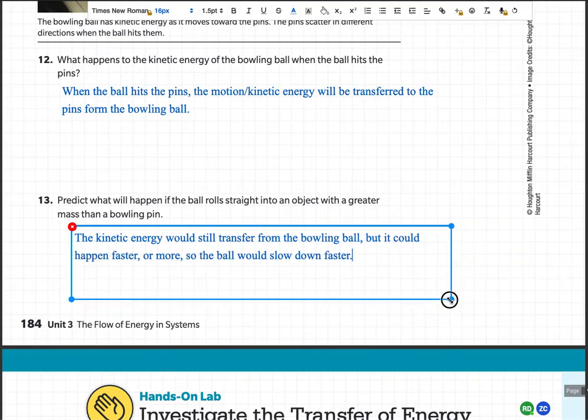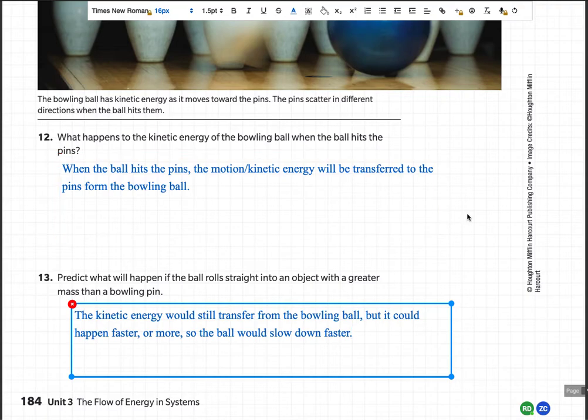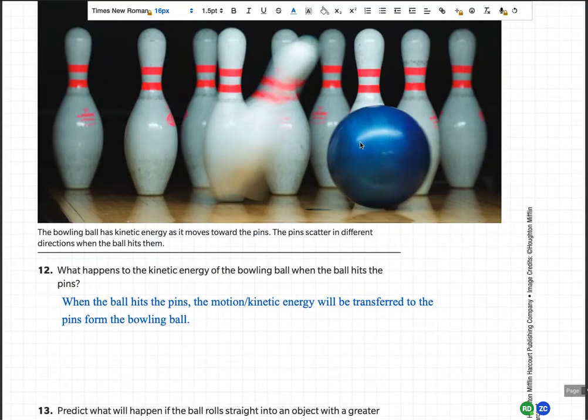The general idea is, in order for this ball to stop moving, it would have to transfer all of its kinetic energy into all of the pins. Since the pins have so much less mass than the ball, the bowling ball flies through the pins and knocks them all over the place, right? Because it's transferring some of the bowling ball's energy, but not all of it.